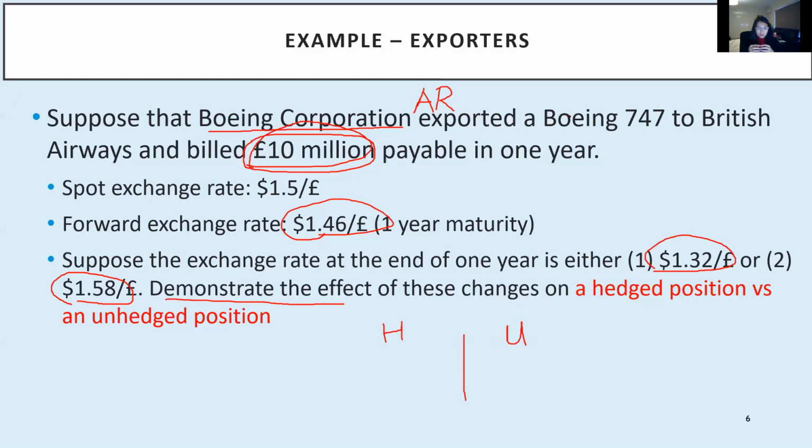And as a result, I want to be shorting in the forward market, okay? So in the forward market, I'm going to take the opposite position, which is a short, okay? So here to hedge, I'm going to enter into a short forward position.